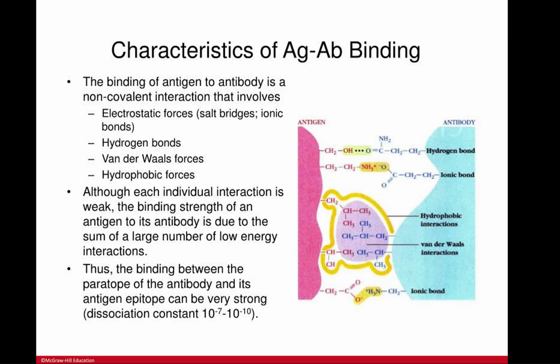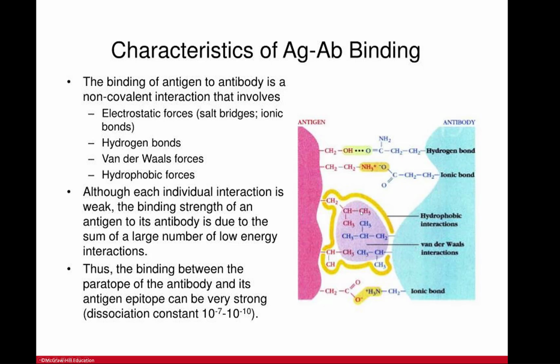Let me zoom in just a little bit more, and you can see the interactions of the arrangements of particular amino acids by the flip-flopping and arrangement. So we have electrostatic, hydrogen bonds, van der Waals forces, and hydrophobic forces all contributing now to the antigen-antibody arrangement.